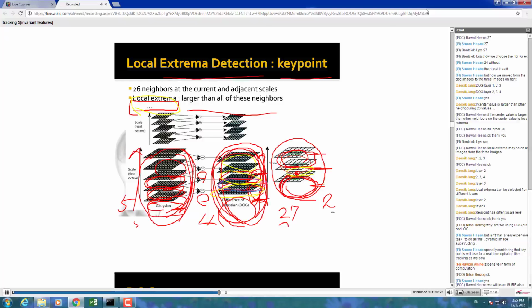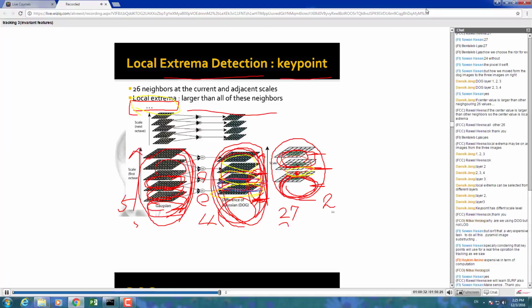But still, from my experience, to make features invariant you still need lots of computation. It depends on the speed of the hardware, but basically they are not fast enough for real-time calculation.